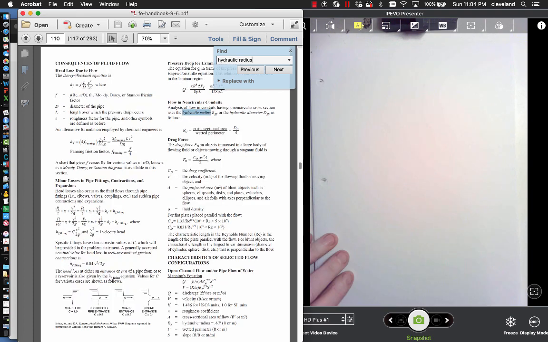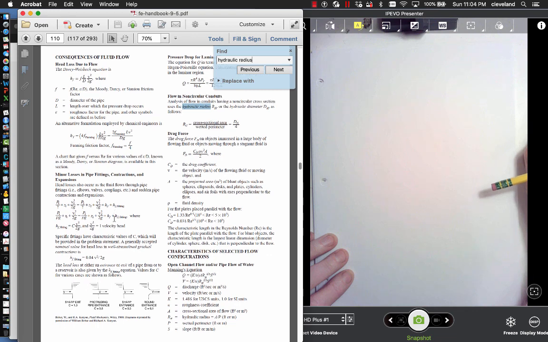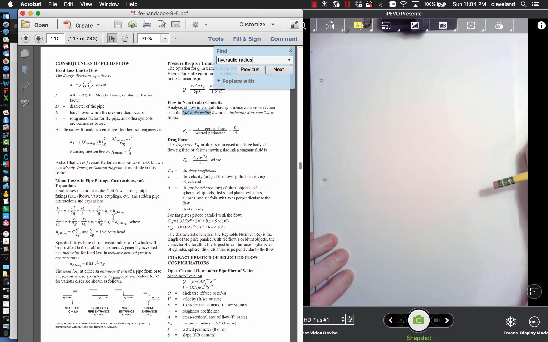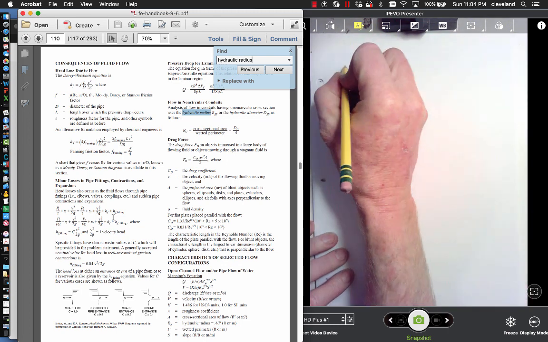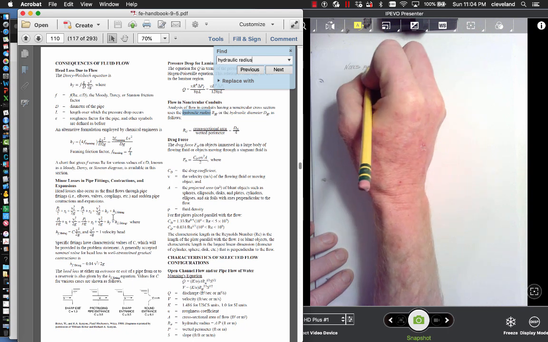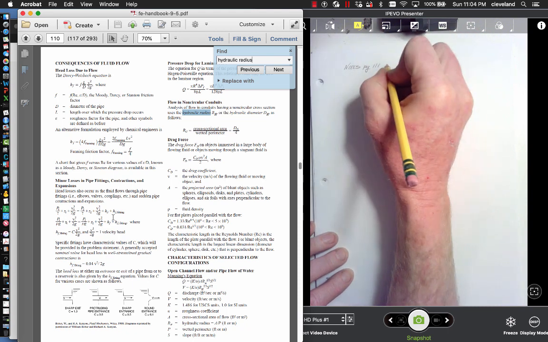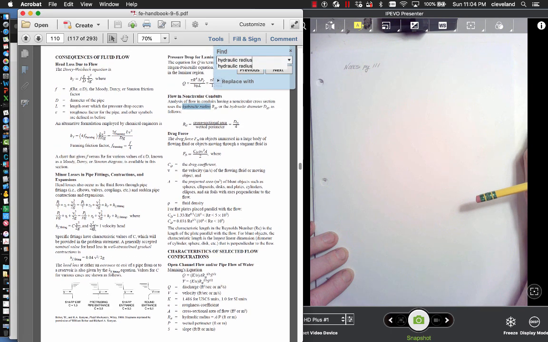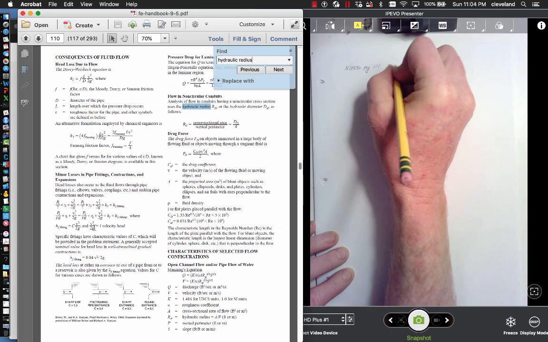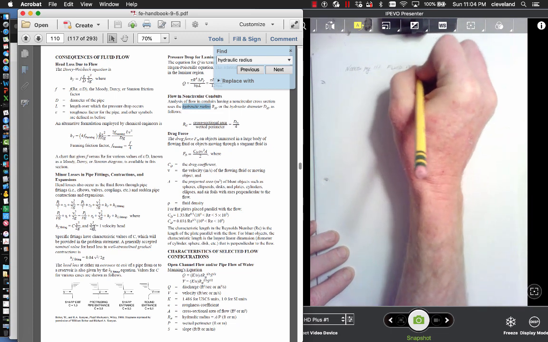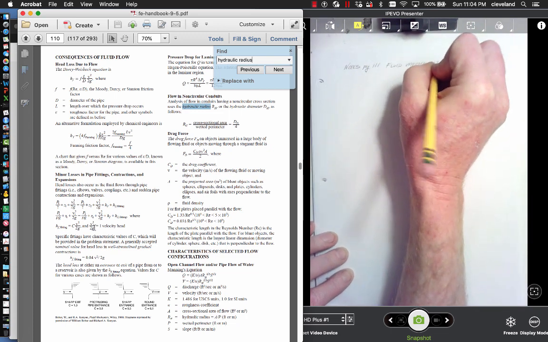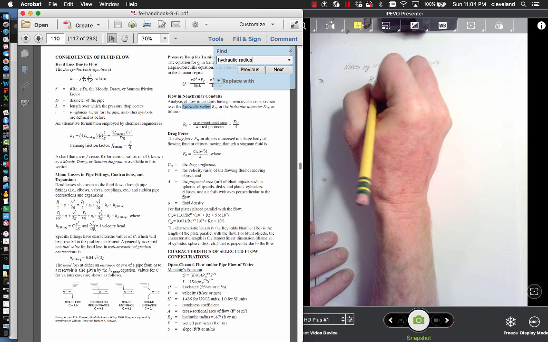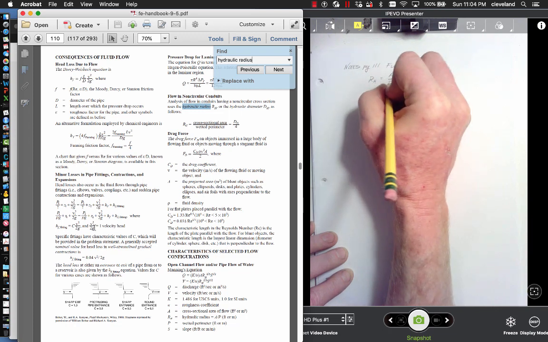Okay, hydraulic radius appears on page 111, and R sub h is equal to the area over the wetted perimeter.